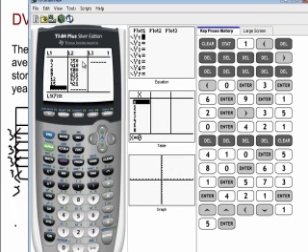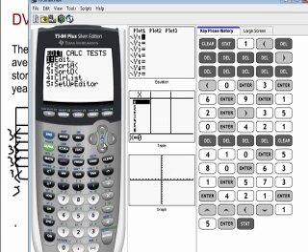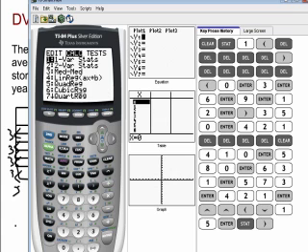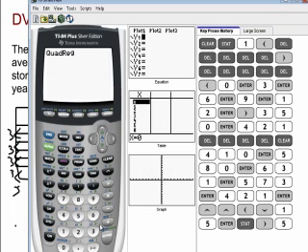And so in this situation where I see I have a peak, rising to a peak and then falling, I can still use the calculator to help me, but when I go over to calc, I'm going to select number 5 for quadratic regression. And in this case, it gives me a quadratic equation: y equals ax squared plus bx plus c, and it gives me the values that I need to use for a, b, and c in this quadratic function.